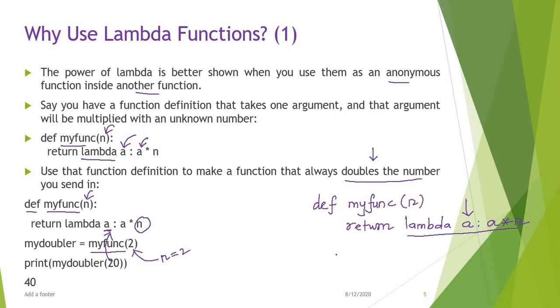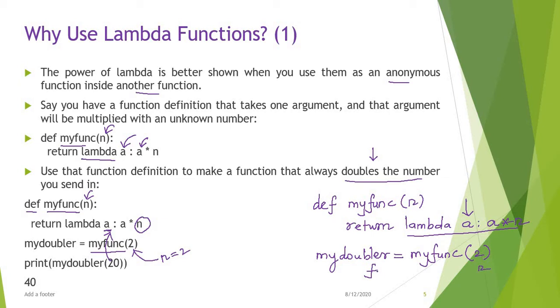Something like doubler equals, imagine it is f equals my function, and I'm giving some input argument for my function, which is actually n.